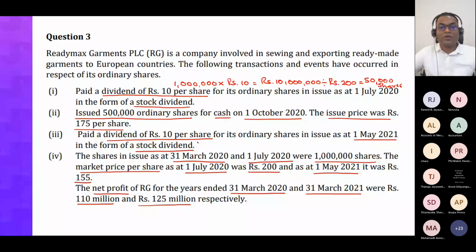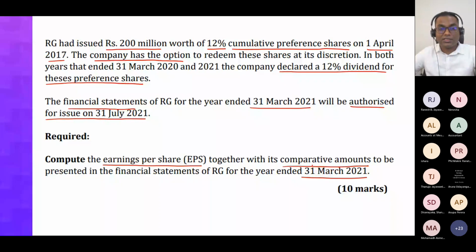You have made a stock dividend of 10 rupees per share in the next year. The financial statements were authorized for issue on 31st July 2021.